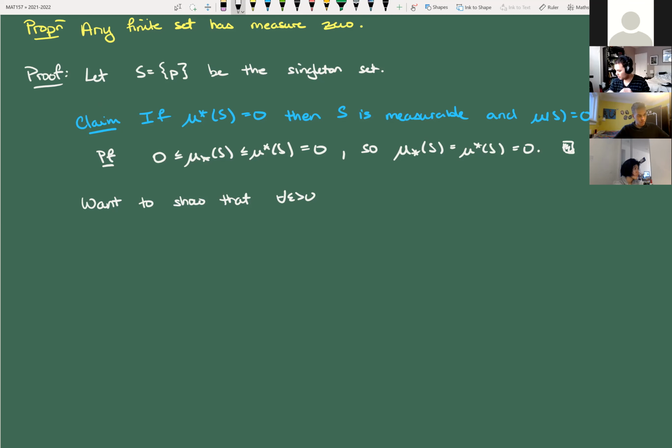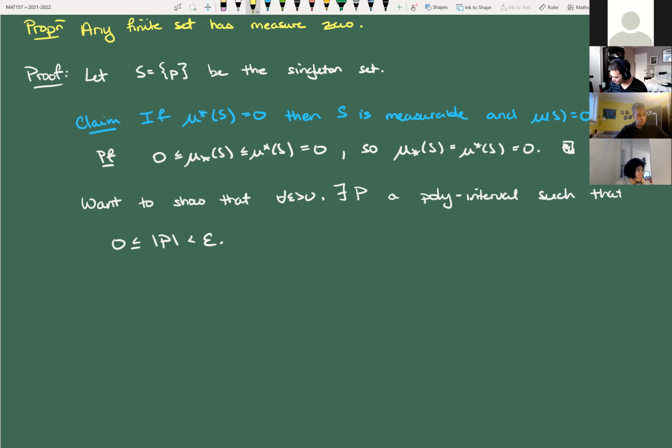So for all epsilon, there exists a polyrectangle, or polyinterval, I've been calling them polyinterval, such that 0 is less than or equal to the measure of P is less than epsilon. Okay? And again, you might be like, wait a second, that doesn't look like the epsilon definition of the infimum.